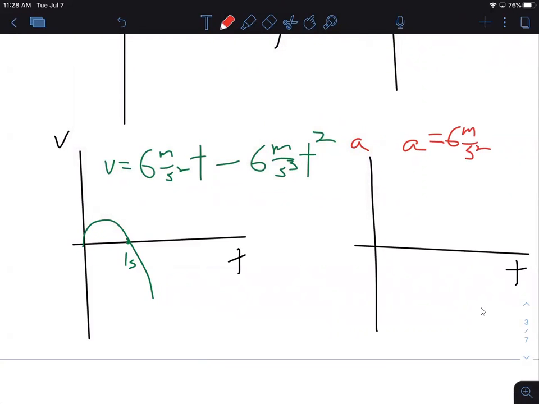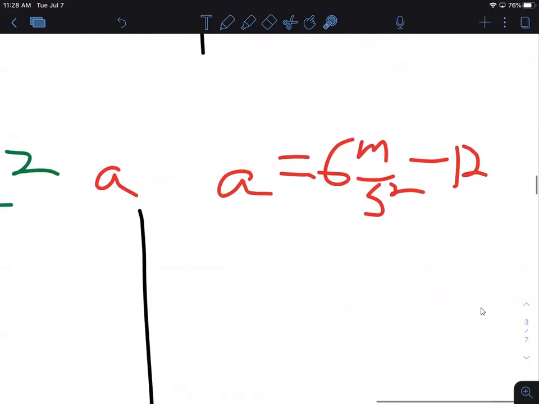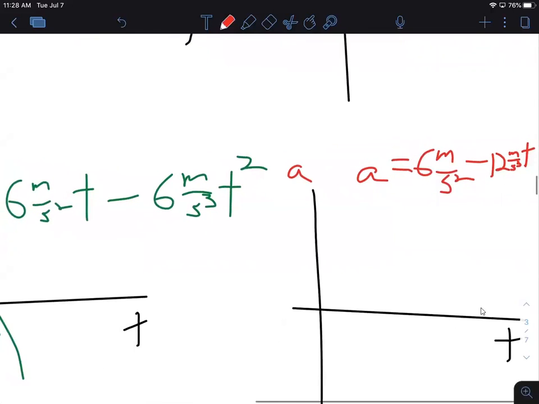And then t to the 0 is just 1, so we'll just leave it as 6 meters per second squared, minus 12, because 2 times 6, and then just t, because 2 minus 1 is 1. 12 meters per second cubed, t. And looking at units, I can see again, okay, meters per second cubed times seconds is going to get me meters per second squared, which is acceleration.